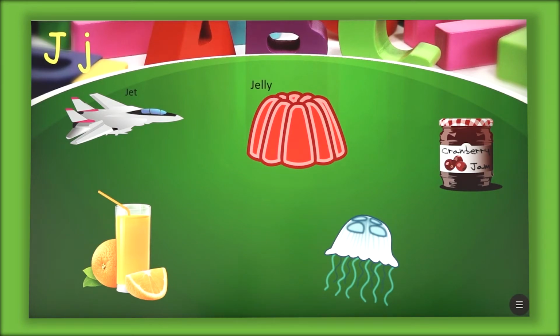Jet, jelly, gem, jellyfish, and juice. Again, you're going to circle the letter that you hear. Let's listen. J. J. Jelly. So the letter that you have to circle is the letter J.